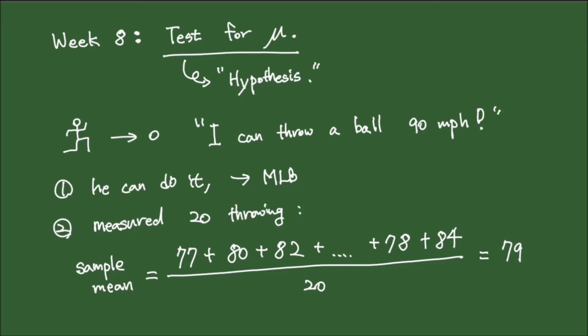So now we have this number, and I want to ask you a question: what do you think of his opinion? Do you believe his opinion is true after you see this sample average is 79?